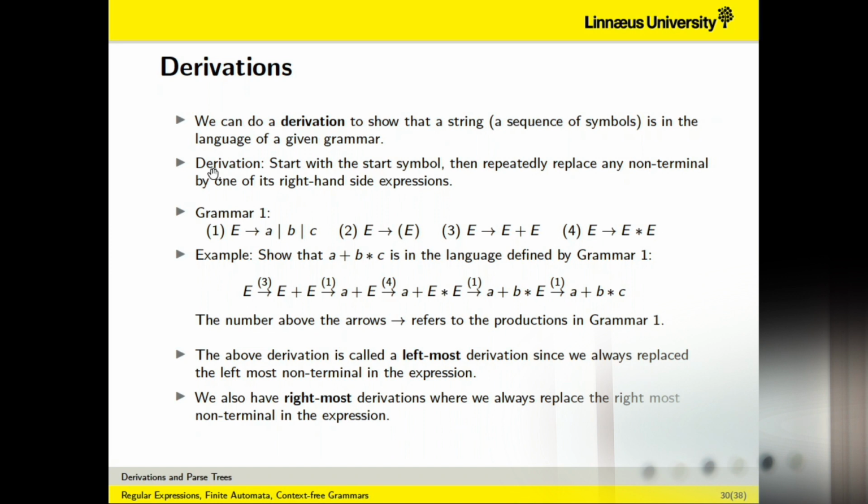If you see that in this derivation, I was always replacing something on the left side. This kind of derivation where you replace the symbols on the left is simply called leftmost derivation. But it could also be done from the right side, where you always replace the symbols from the right side, which we call a rightmost derivation.